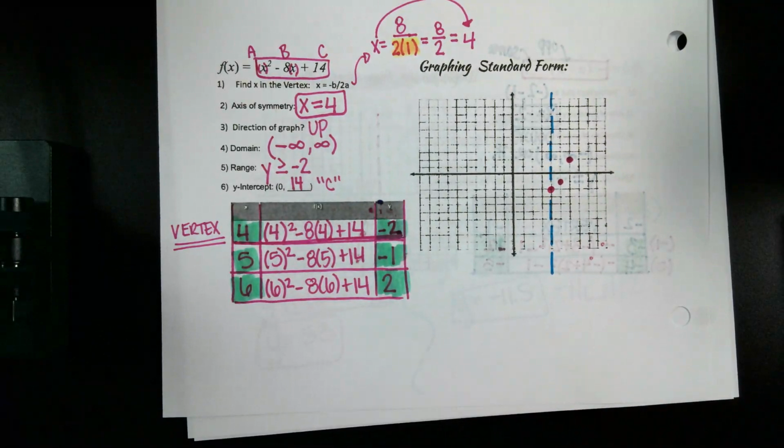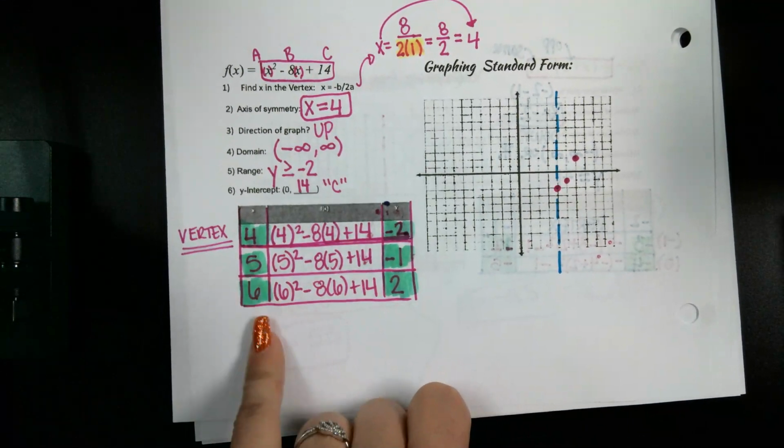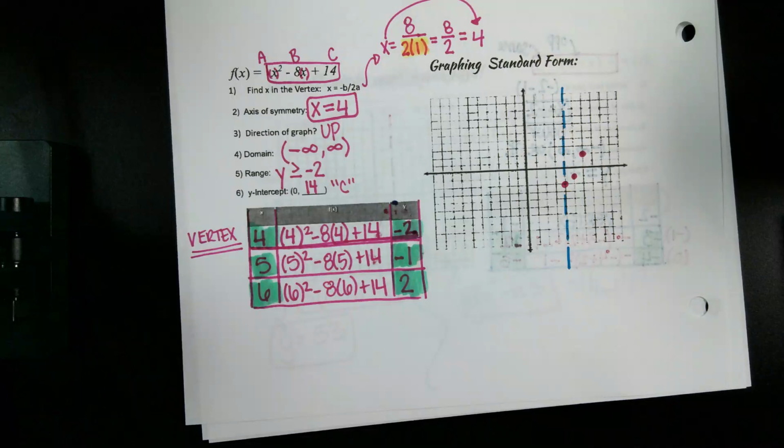So right now, all I have is the right side of my parabola. Had anyone done 3 and 2 here? Had anyone worked ahead of me? No? Okay. Well, never mind.